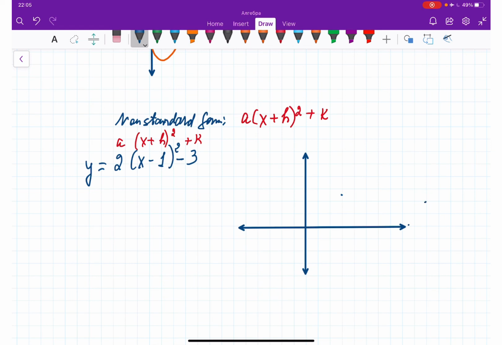Okay? I always start with x squared, period. Because that's our fundamental form, fundamental graph, x squared for a parabola. And this is y is equal to x squared. Next, my a is equal to 2, so I'm going to graph a x squared.